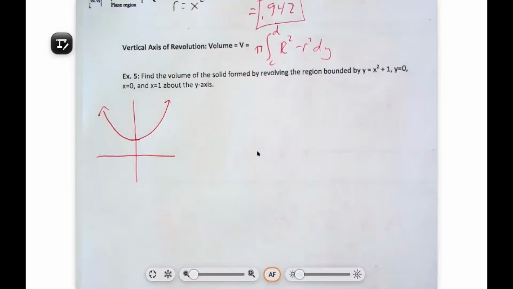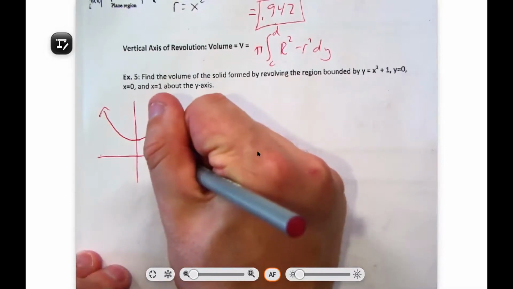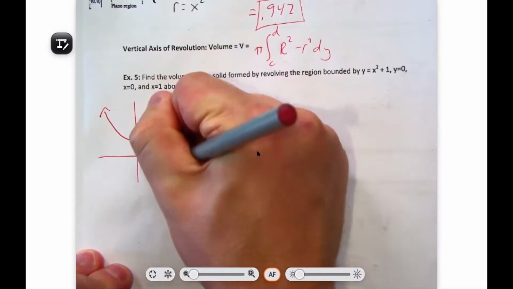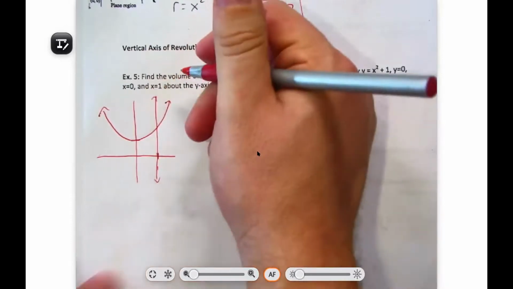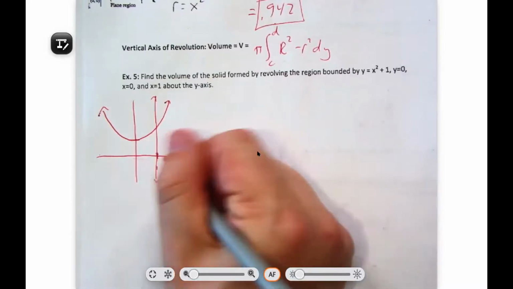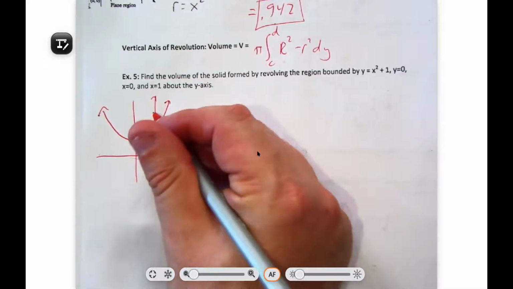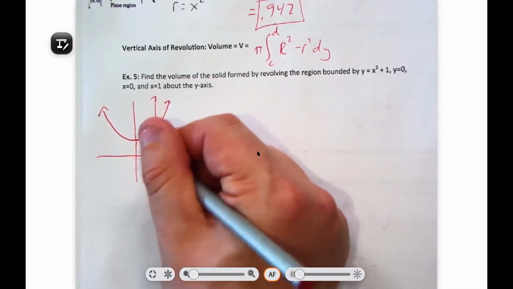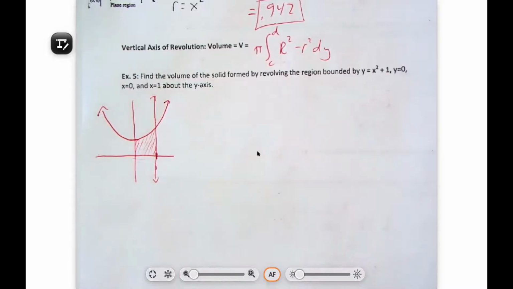We're bounded by the x-axis, the y-axis, and x equals 1, just here. So we have to figure out what's the region. Well, we're bounded by the x-axis, y-axis, parabola, and x equals 1. So it's this thing here. That's our 2D region.